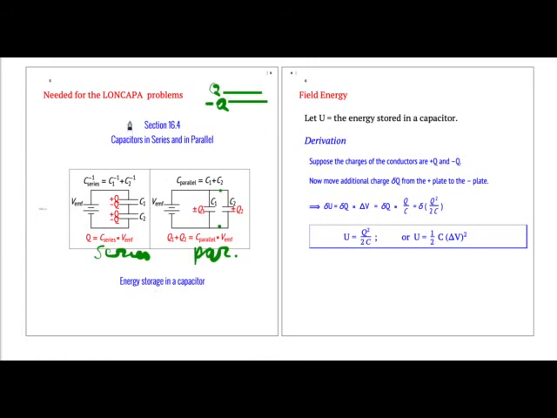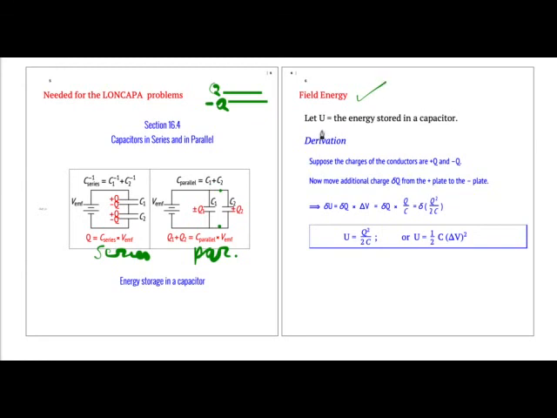Another quantity that you're going to need for the law and kappa problems is the energy in a capacitor. A capacitor is a circuit device that stores charge and stores energy. So let's figure out how much energy is in a charged capacitor.